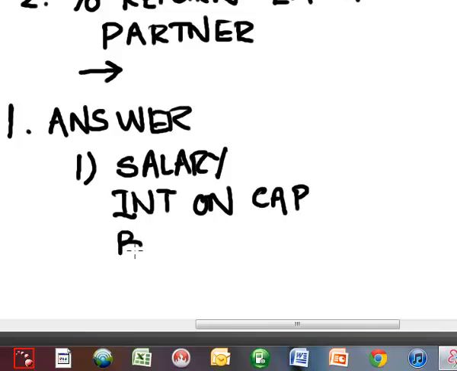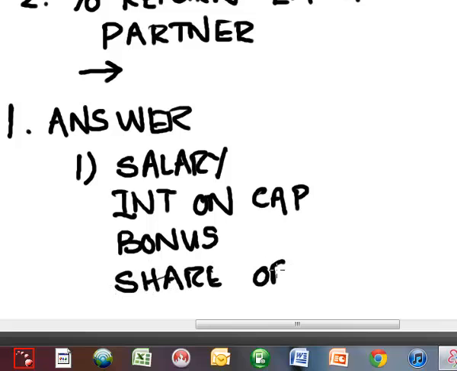Number three, the bonus. And number four, the share of profits. All of these would be added together to give you what the partner has earned.